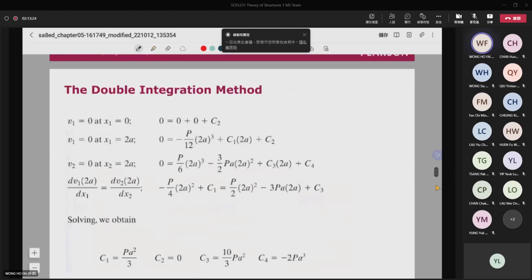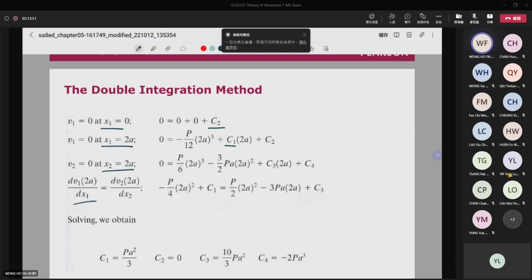So this is the first boundary condition that we can use to find the value of C2. And then when x1 is equal to 2a, we can find C1 here. And then when x2 is equal to 2a and v2 is equal to 0, then we can find C3 here.